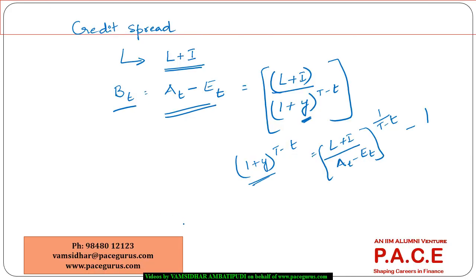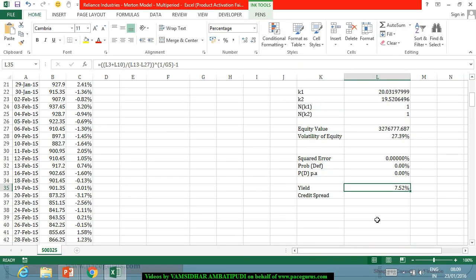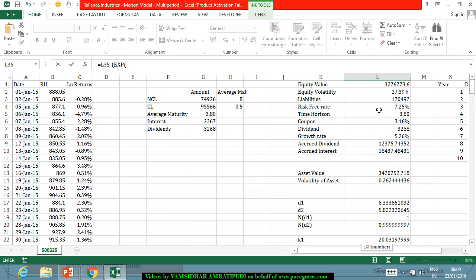So I'll take it as 7.52% minus (e to the power r minus 1). Right, I'm finding out the equivalent annual yield. So the credit spread works out to 7.52% minus (e to the power of the risk-free rate of return minus 1).